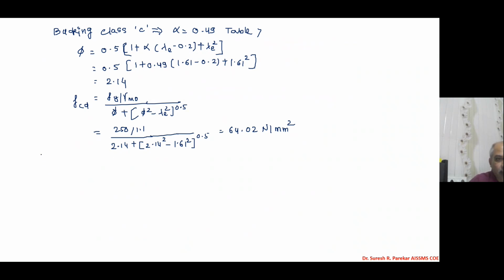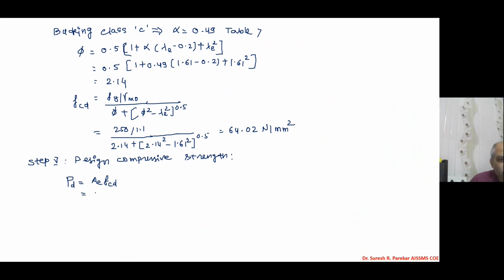So last step we have step 5, design compressive strength. And that is PD is equal to AE into FCD.